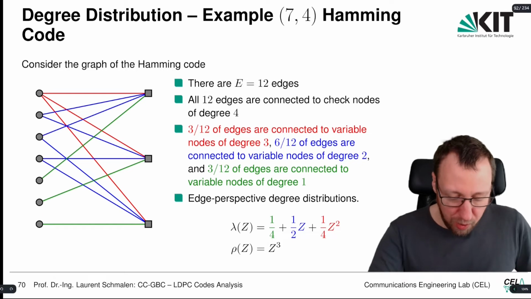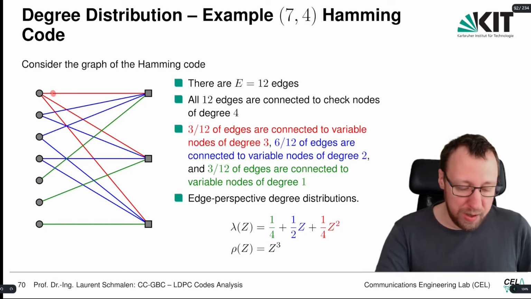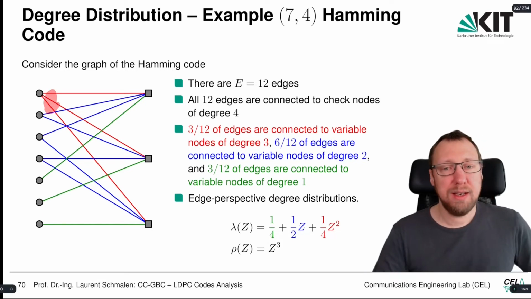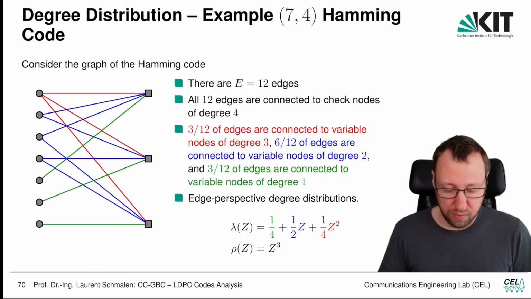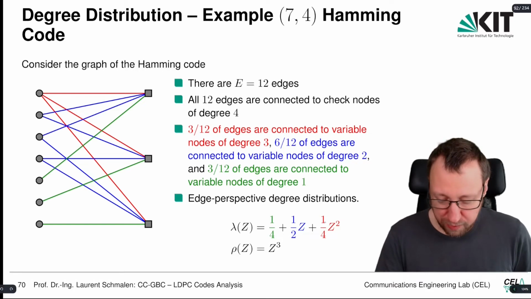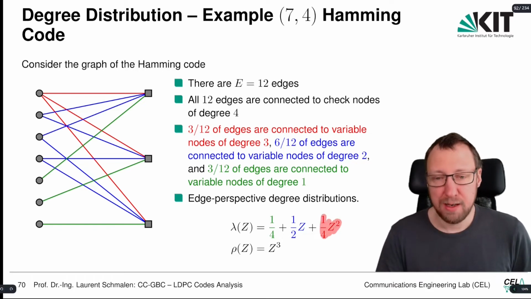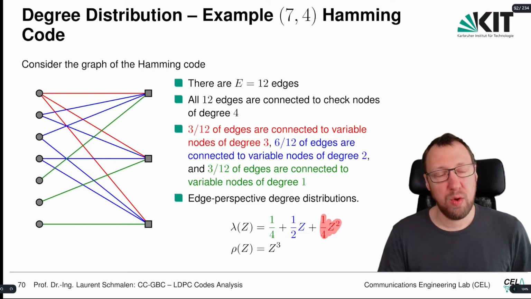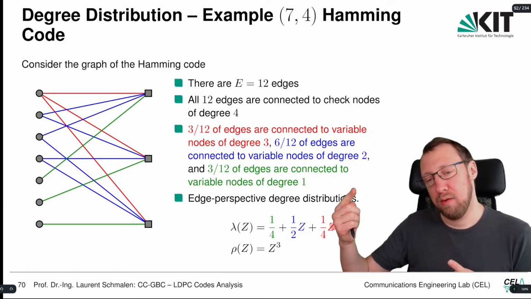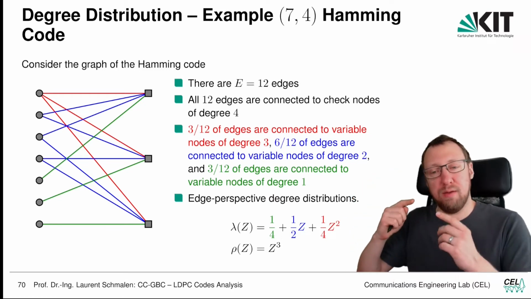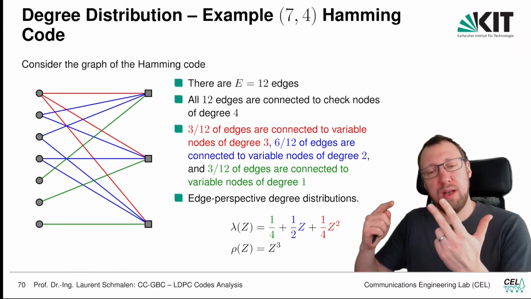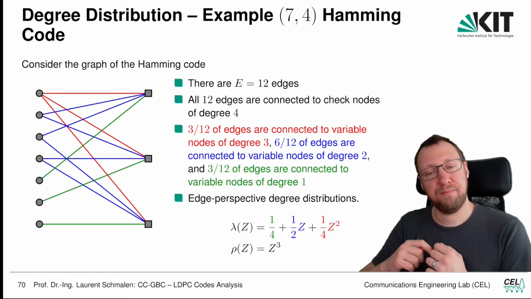Now out of these 12 edges, we have 3 edges, the red ones, that are connected to variable nodes of degree 3. So 3 out of 12 is 1/4. So we have 1/4 z squared, squared because of the power I minus 1. So degree 3 corresponds to the polynomial z squared.